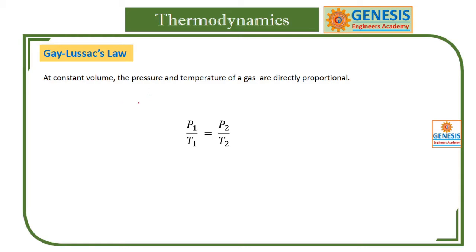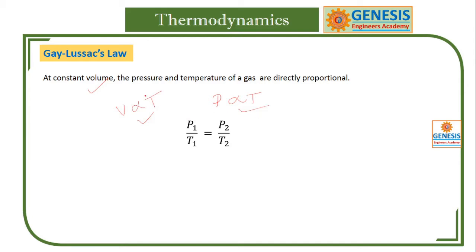There is another law called Gay-Lussac's law. It is also called Charles' second law in some textbooks. Gay-Lussac's law states that at constant volume, the pressure is directly proportional to temperature. Volume directly proportional to temperature is Charles' first law.